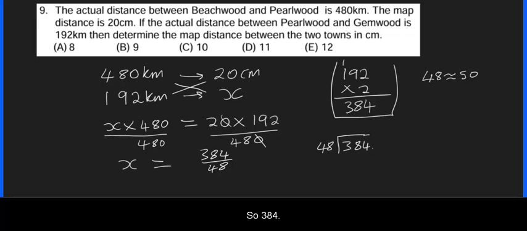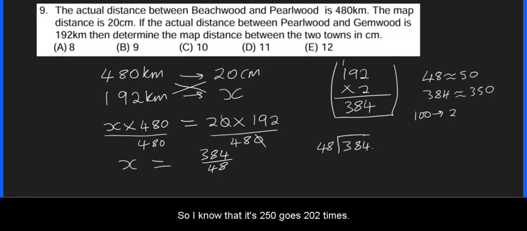So 384, I can approximate it to be 350. I want to be on the safe side. Now, how many times does 50 go into 350? I know that 50 goes into 100 2 times.